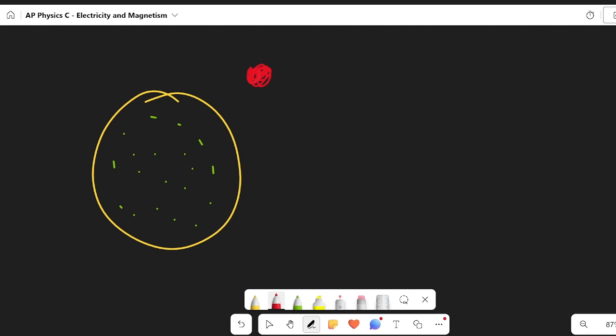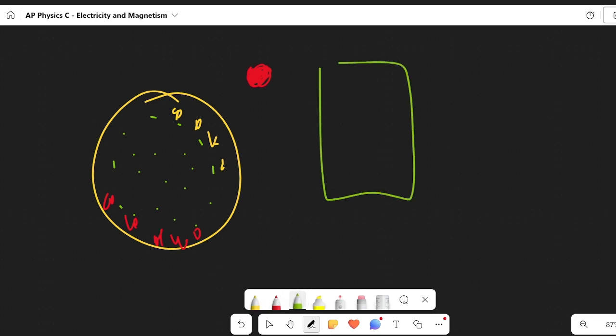This is electrostatic induction. If I brought a positive charge here, the charges would rearrange. All the positive charges will try to repel it, and all the negative charges will be attracted to it, so they will essentially split like that.